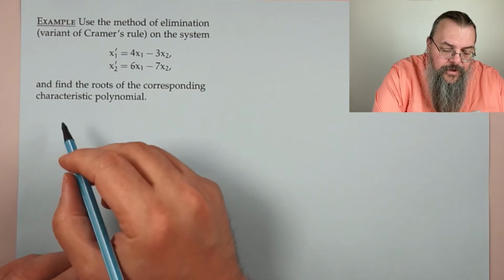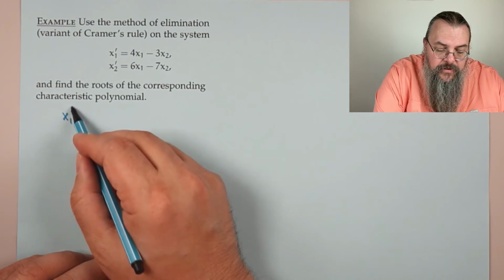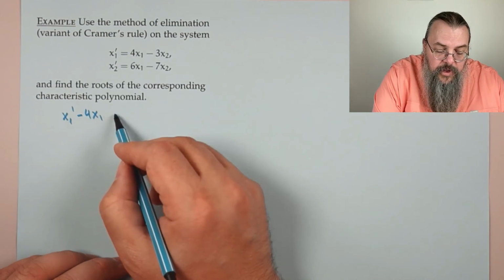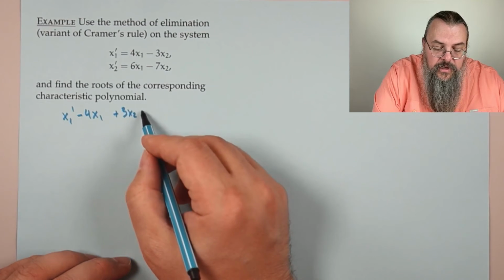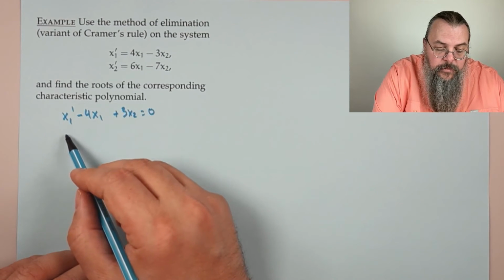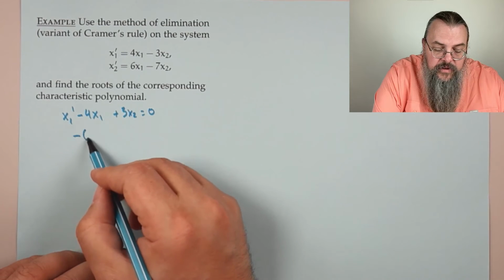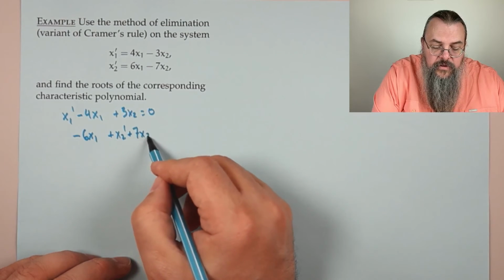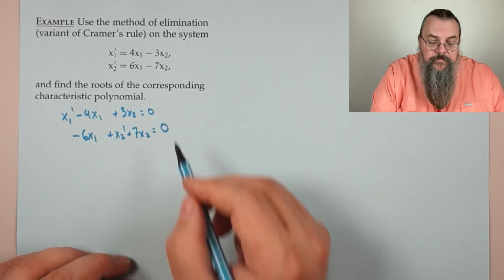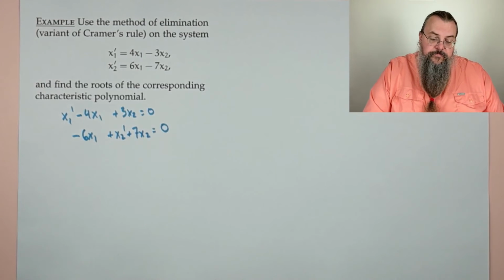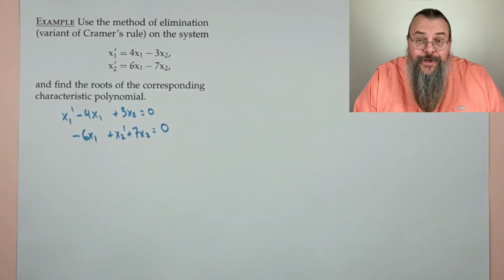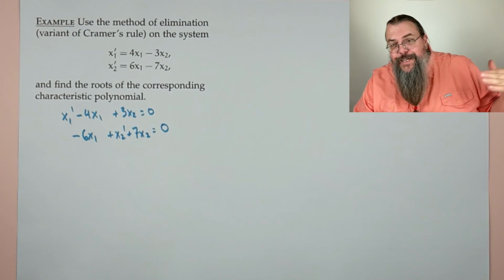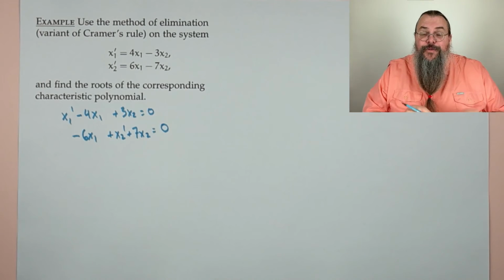So what goes on? Well, we move everything over to one side: x1 prime minus 4x1 plus 3x2 is equal to 0. And then we'll have minus 6x1 plus x2 prime plus 7x2 equals 0. All right, good. Now, for reasons which are going to hopefully make sense in just a moment, I'm actually going to multiply everything through by a negative on both rows.